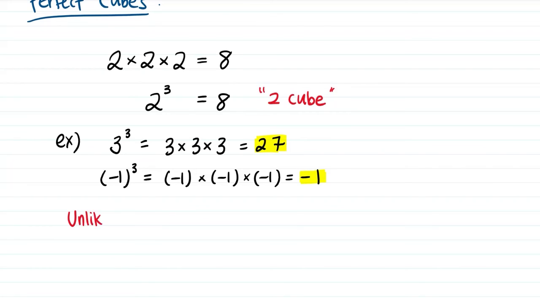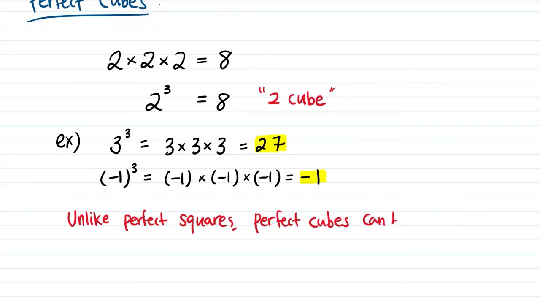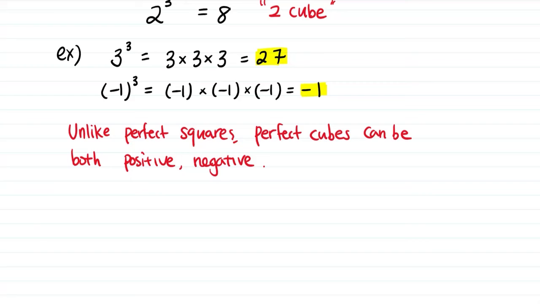So unlike perfect squares, perfect cubes can be both positive and negative.